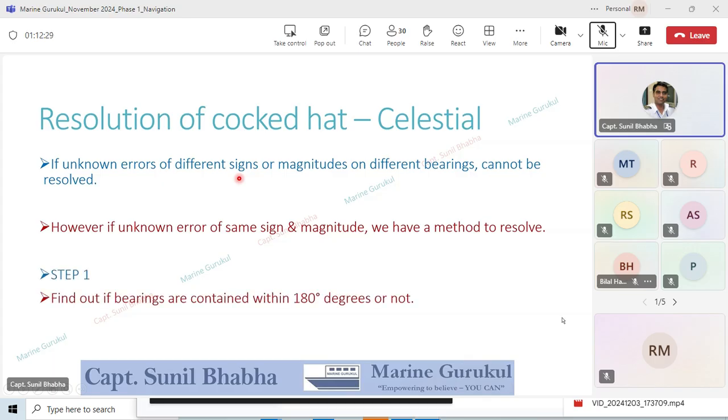Now, for resolving the cocked hat, the first thing which we need to check is whether the three bearings are contained within 180 degrees or not. Now, what does this step mean? Let me explain to you.